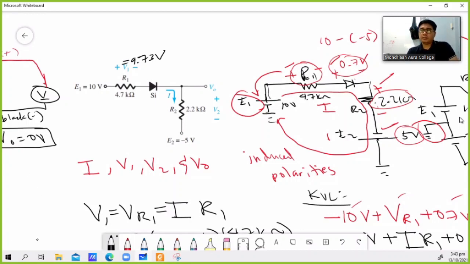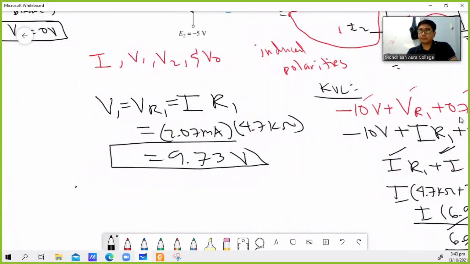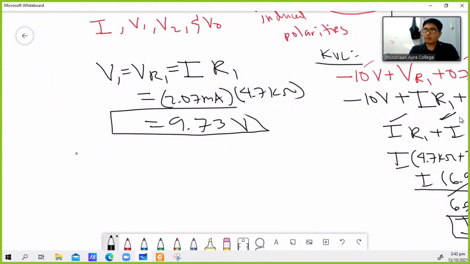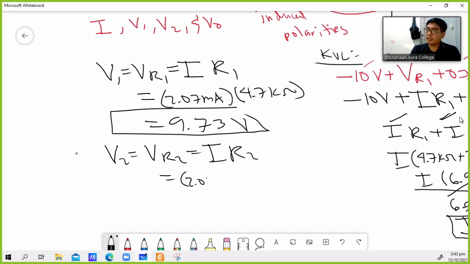Yung R2 natin, we will do the same thing. So V sub 2 is also the same as V sub R2. So ang kuryenteng dumadaan sa kanya is yung I din na na-solve natin. Ang resistance niya ay R sub 2. Okay, substituting the values, we have 2.07 milliamperes multiplied by 2.2 kilo ohms.